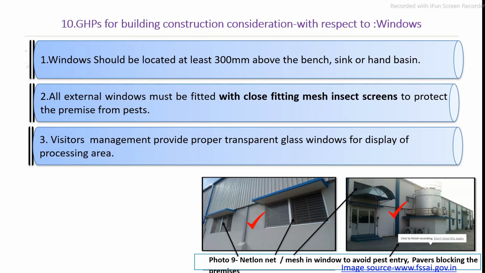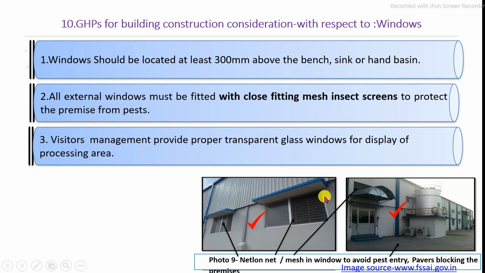GHPs with respect to the windows in the food processing premises. The windows should be located at least 300 mm above the bench, sink, or hand basin. Windows should be at least 3 feet above the floor, as per the minimum requirement for the specific ventilation system.